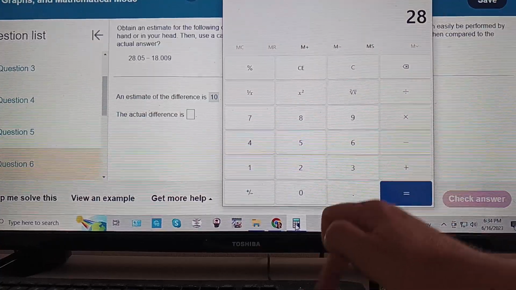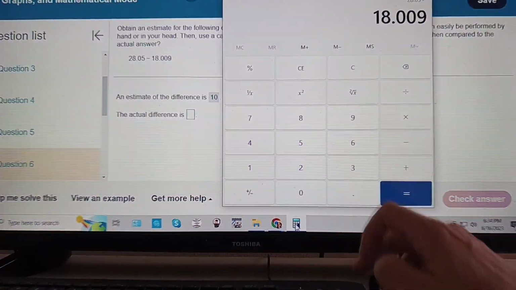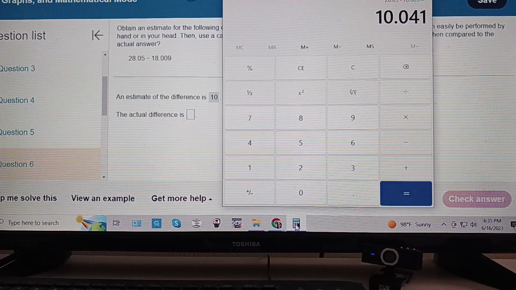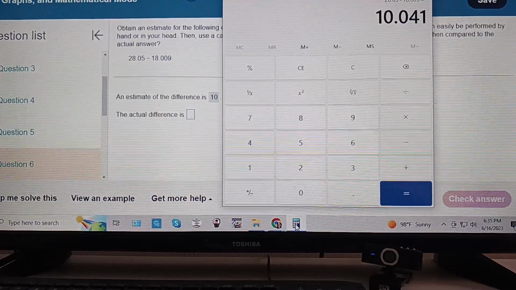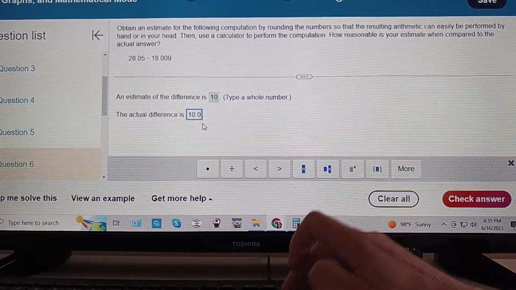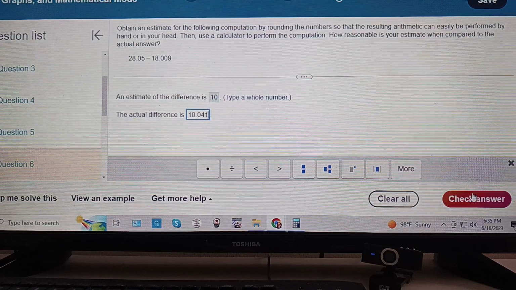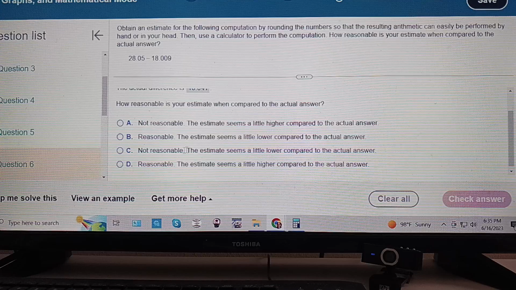Let's see how close we got. 28.05 minus 18.009. The answer is 10.041, which .041 is very small. If I round to 2 decimal places, that's like $10.04. If you were off by 4 cents, that's no big deal. So that is reasonable. It's very, very close.